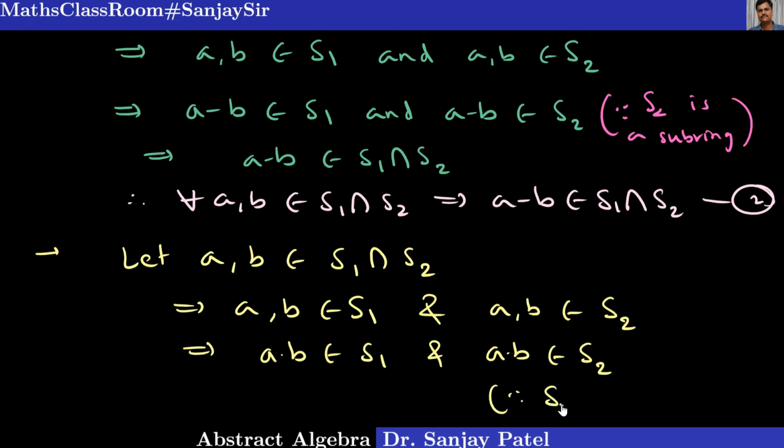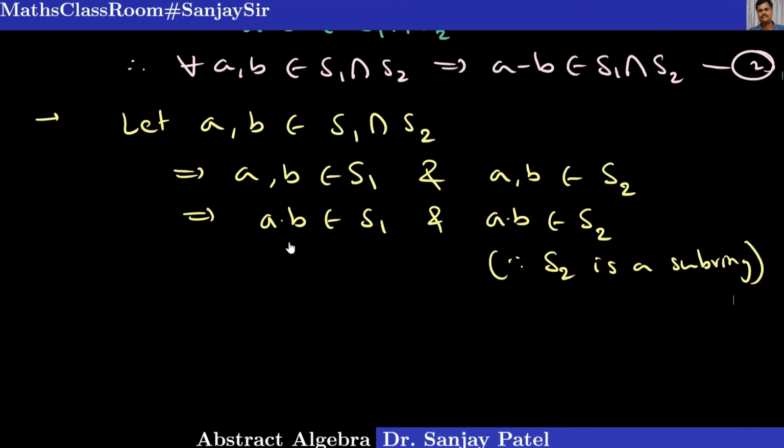Again the same reason, because S2 is a subring, it is closed with respect to multiplication. If X belongs to S1 and X belongs to S2, it means X belongs to S1 intersection S2. So I can say that A dot B belongs to S1 intersection S2.